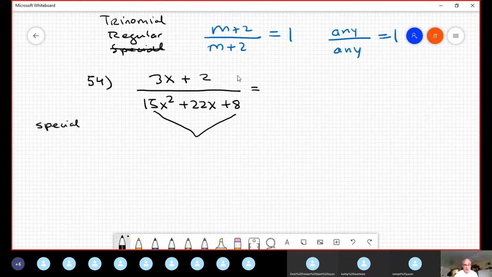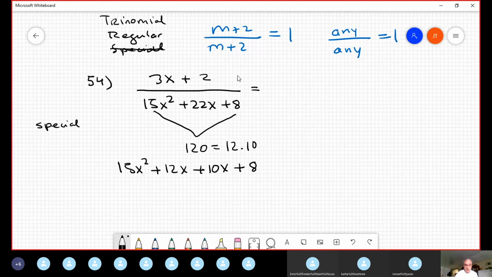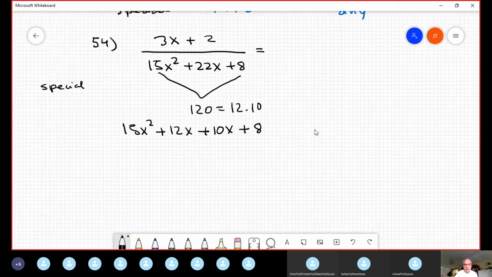If you multiply 15 times 8, according to my calculator, it is 120. We did it before: it's 12 and 10. So 15x squared plus 12x plus 10x plus 8. What we are doing is splitting 22 into 10 and 12.